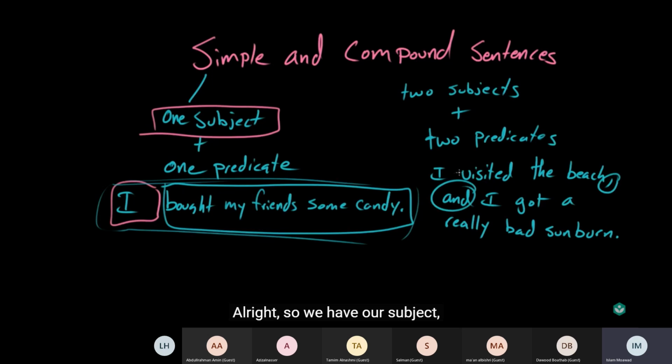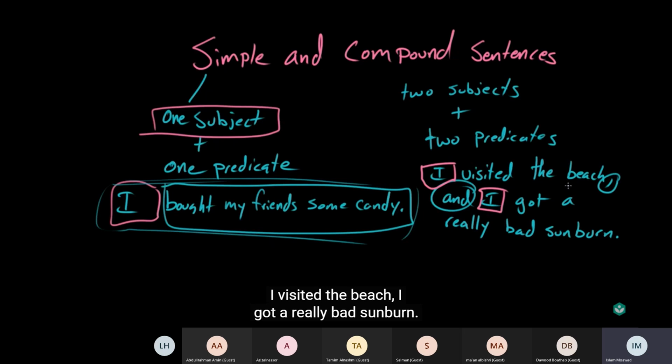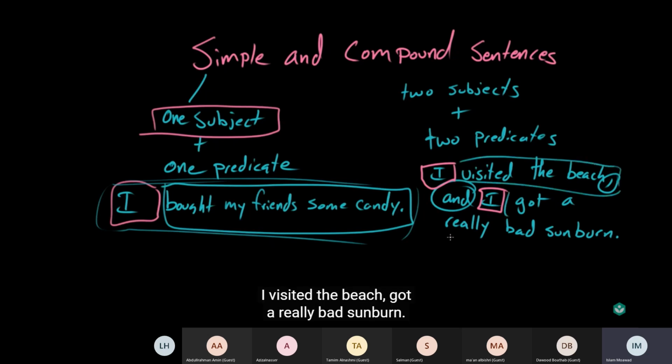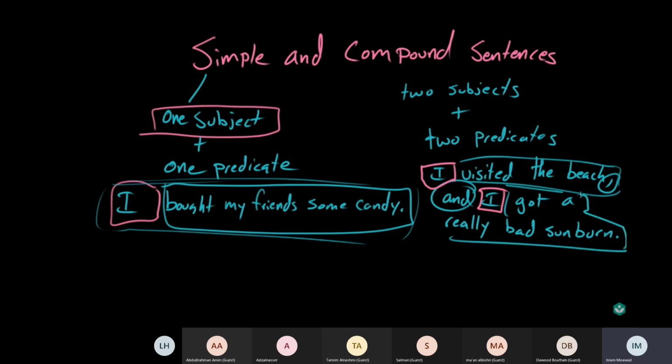Right, so we have our subject, I visited the beach, I got a really bad sunburn, and we have our two predicates. I visited the beach, got a really bad sunburn. So the subject in both these cases is I, right? But it's sort of separate. It's like I'm doing two different actions. Correct. Right.